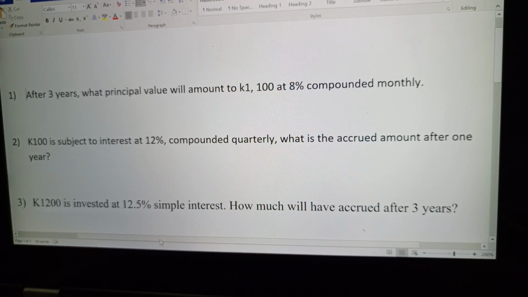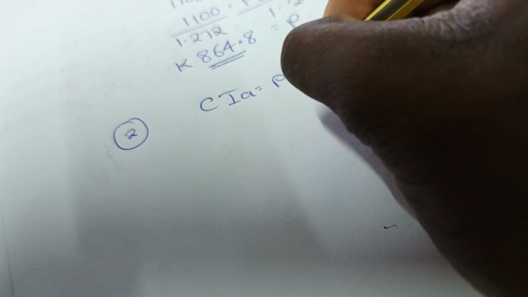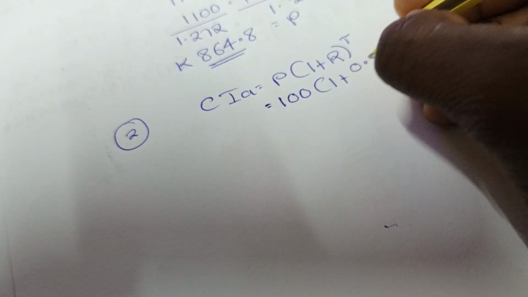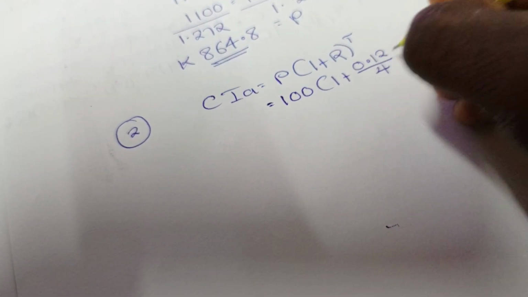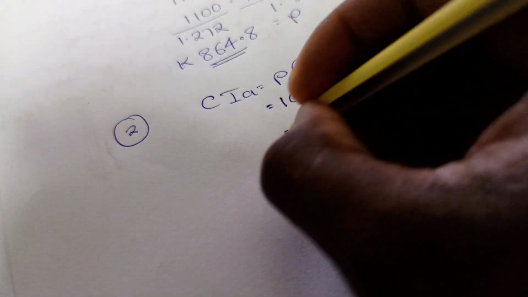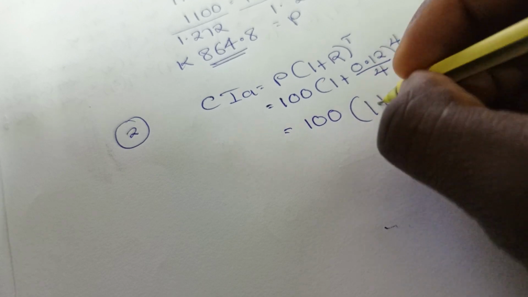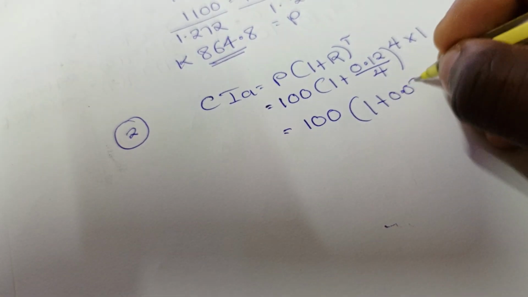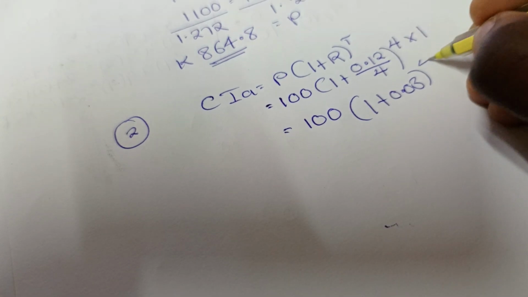So this is our computation for the second question. Remember, compound interest accrued is principal times (1 plus r) to the power t, where the principal is 100 kwacha, the rate of interest is 0.12 over quarterly, which is 4, then we multiply the time, the number of years, which they said is 1. So 100 times (1 plus 0.12 divided by 4, that is 0.03) to the power 4 times 1, which is still 4.